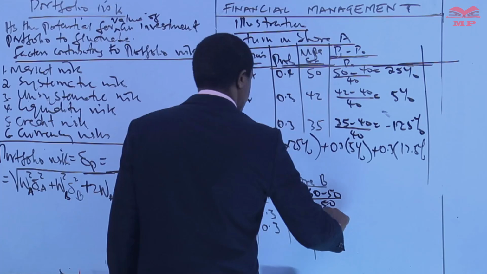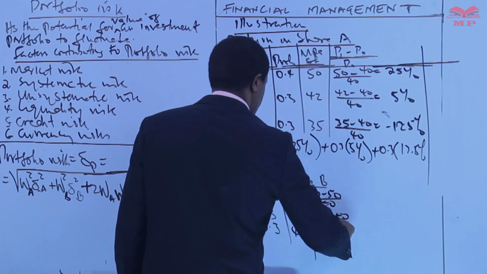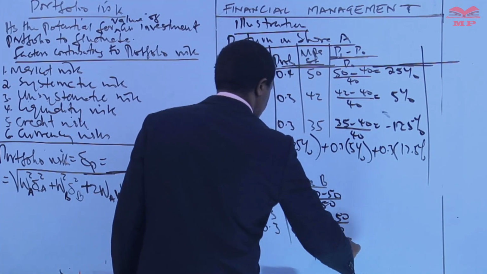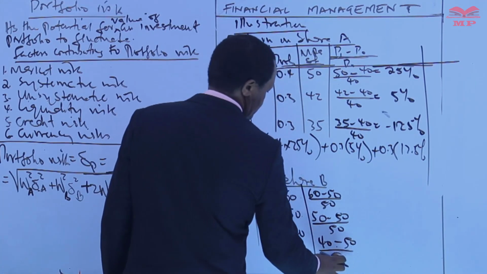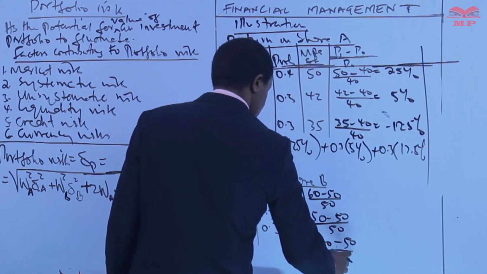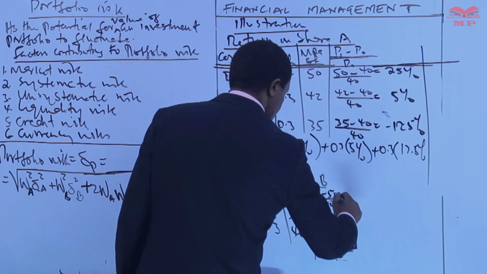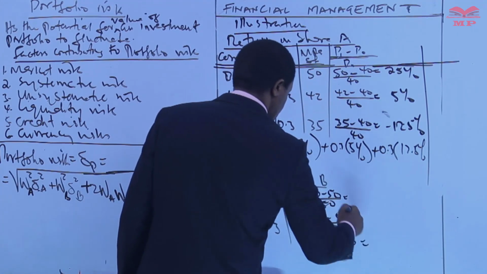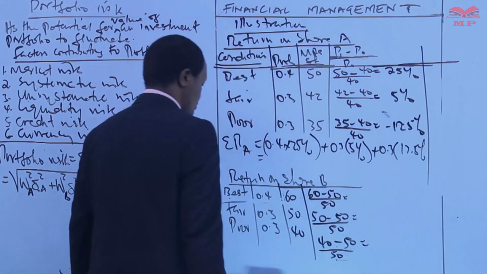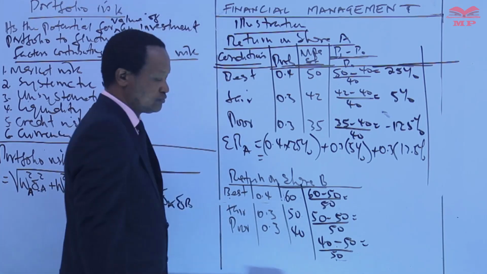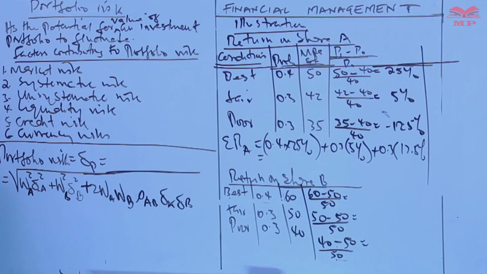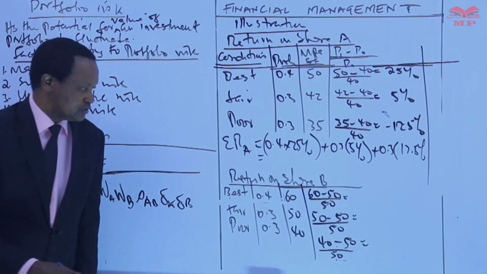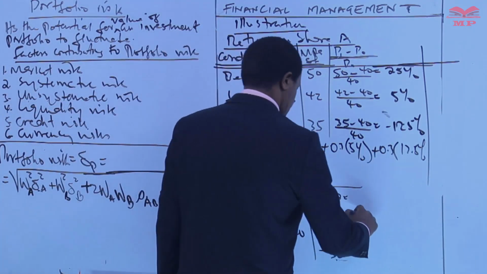Then 50 minus 50 over 50. 40 minus 50 over 50. The return, this is obviously 0%.